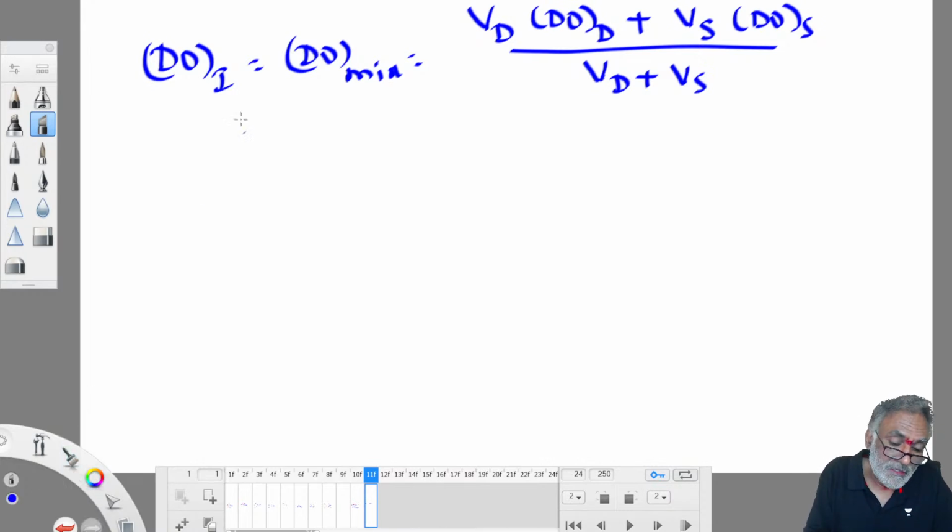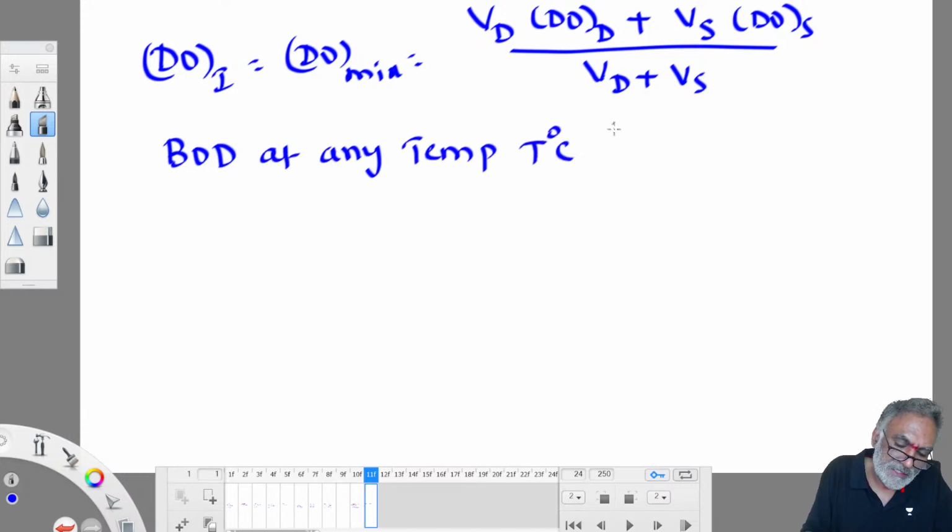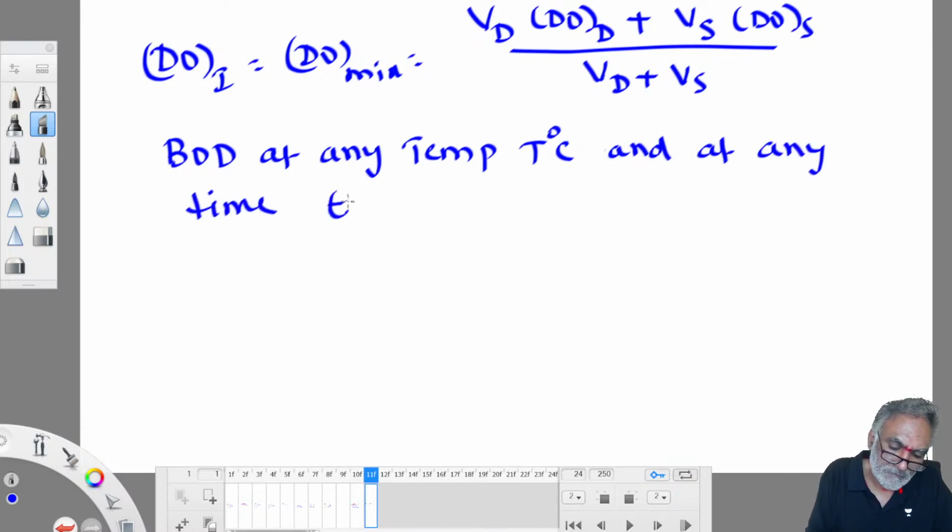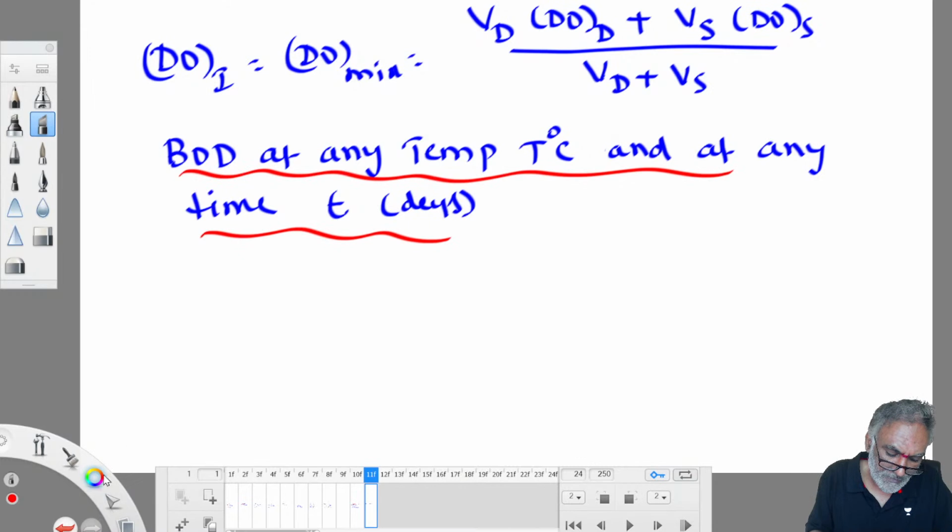Okay, and you can work out BOD at any temperature at any time, BOD at any temperature T degrees Celsius and at any time t days. We can work out this by using one mathematical expression. We denote it by Yt at T degrees Celsius.